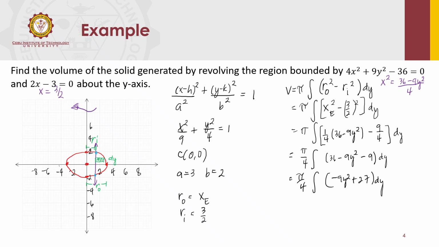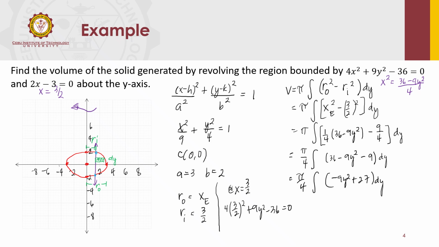So let's put it here, x equals 3/2, in the equation of the ellipse. So that's 4 times 3/2 squared plus 9y squared minus 36 equals 0.